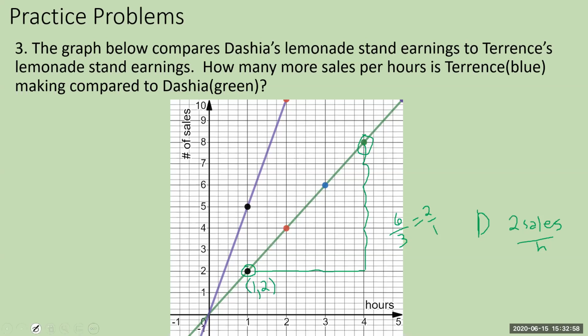Now let's do the same for Terrence. So Terrence is the blue line. If I look at the point where x equals 1, I can see that it is 1, 5. So that means that Terrence is making 5 sales per hour.